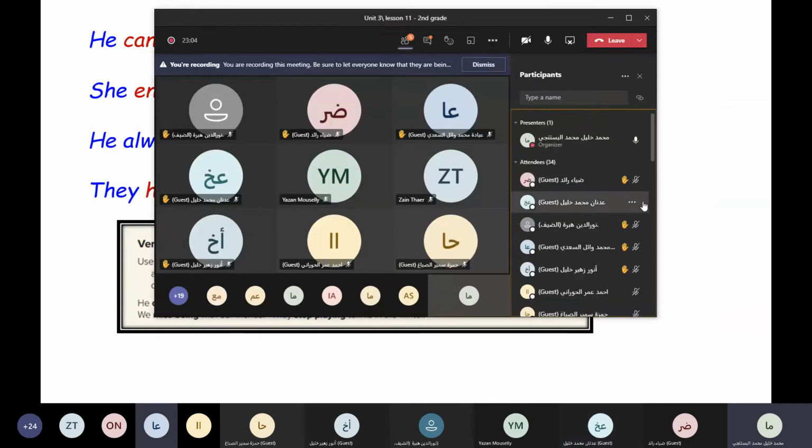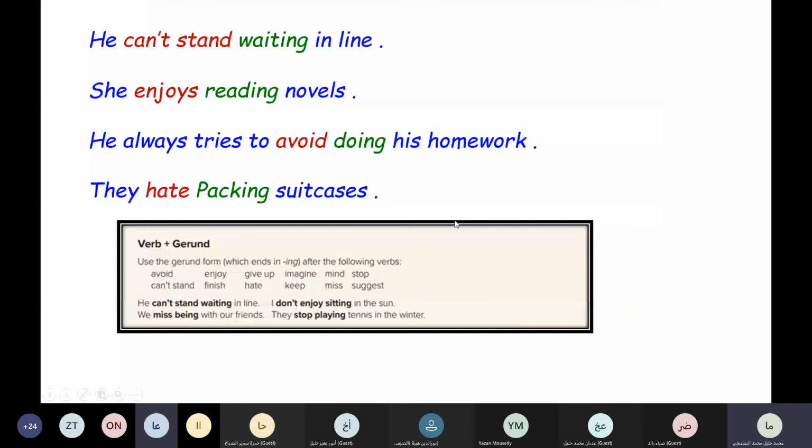Ubada, read the rule. Use the gerund form, which ends in ing, after the following verbs: avoid, can't stand, enjoy, finish, give up, hate, imagine, keep, mind, miss, stop, suggest. Good. Look at the examples.